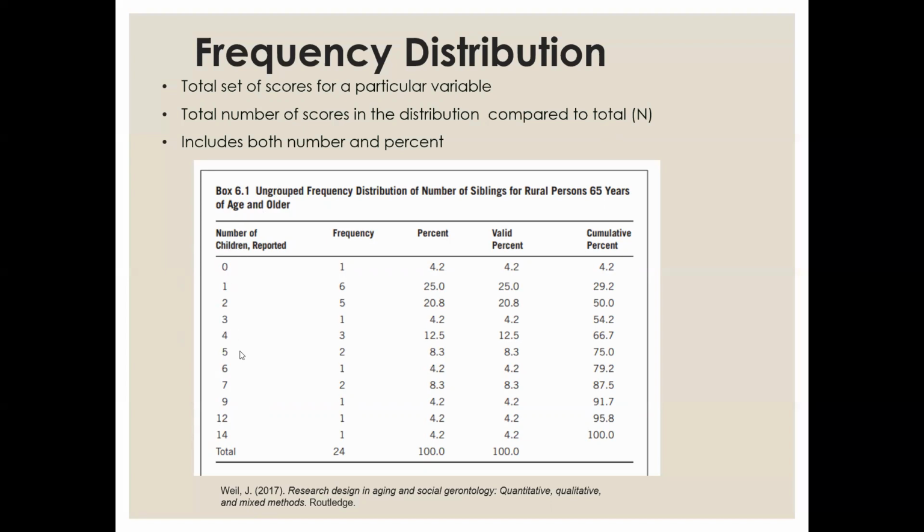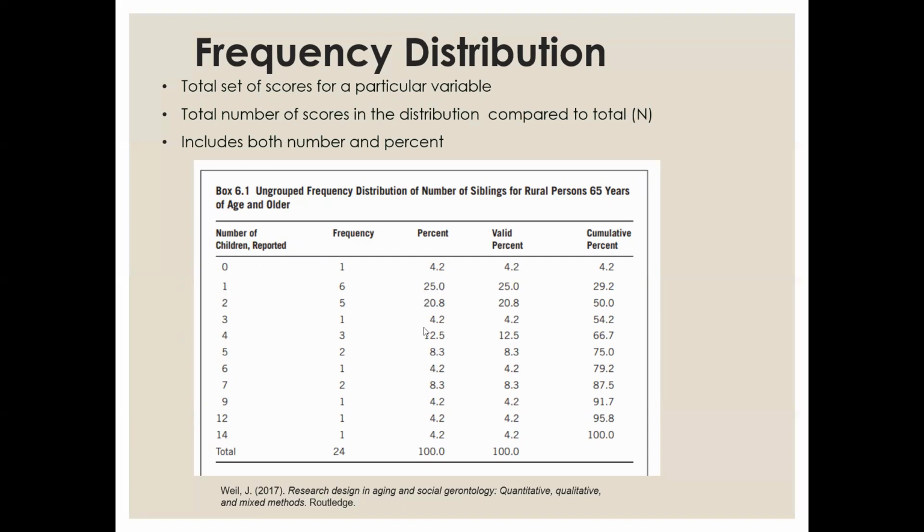So this is the number of children in a family, or rather, this probably should be siblings. Really only one person has no siblings in this group. The majority of people seem to have either one sibling or two siblings.